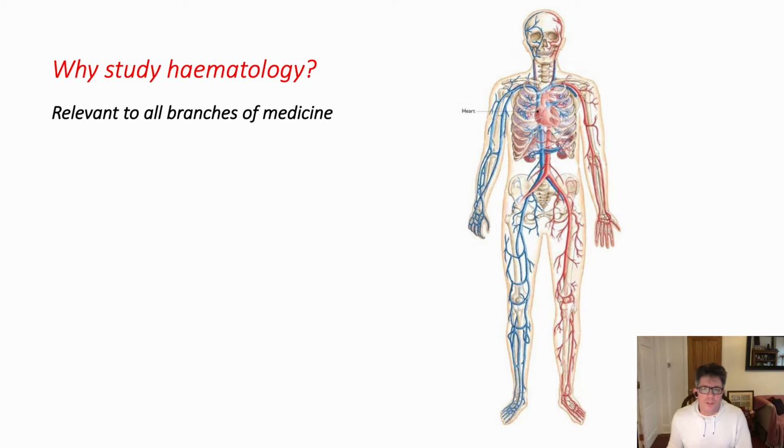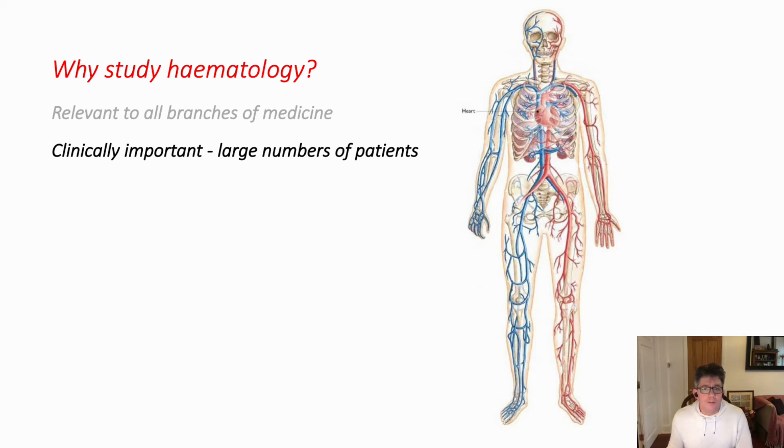Therefore, haematology provides essential training for all clinicians, irrespective of the branch of medicine that you may ultimately specialize in. Second, haematology as a discipline is clinically very important, as it encompasses topics and diseases that afflict a very large number of patients, as you appreciate in the slides that follow.